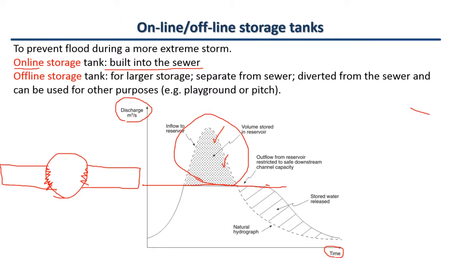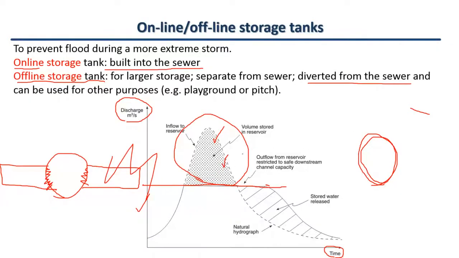This is called the online storage. Offline storage is that you don't have such things. Let's say this is your pipe, but you can allocate some area apart from the sewer system and overflow or divert the sewer. I mean the sewer, what I'm saying, like a surface runoff, for example, not the sanitary sewage.